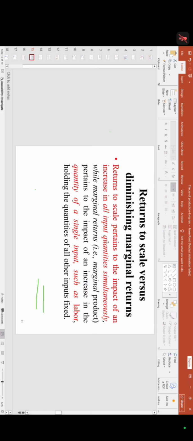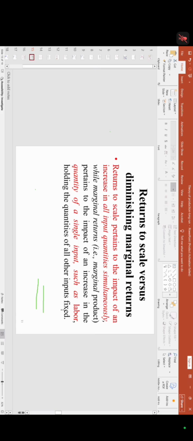Return to scale pertains to the impact of an increase in all input quantities simultaneously, while marginal returns explain the impact of an increase in the quantity of a single input, such as labor, holding the quantities of the other inputs fixed. So in return to scale, when all your inputs change, what happens to your output simultaneously?